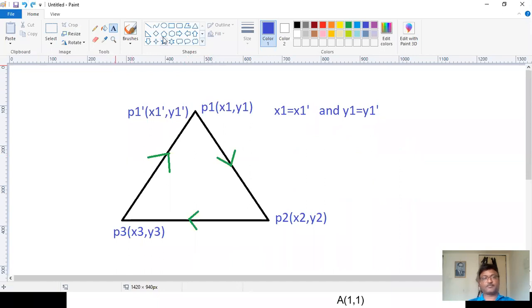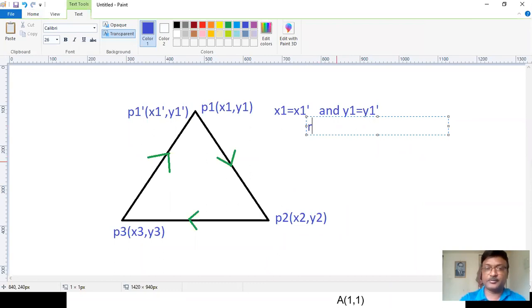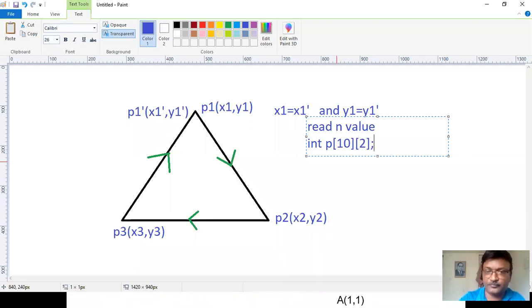See, so this is my first step: read the n value. Once you read the n value, then you have to store your points. Int p of, suppose I have considered 10, 2 as my array declaration. In this array declaration you have to start with p of, first of all your point p of 0 0.